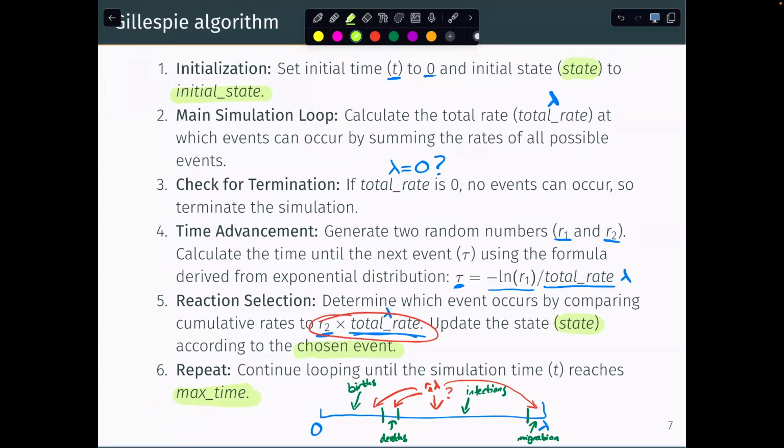There is actually a way that you can rescale and reuse R1 if you want to, but you have to rescale it in a special way, which I'm not going to go into. It is slightly more efficient, which matters in really big simulations. But basically, these two things need to be independent so that the time to the event you're choosing doesn't correlate at all with which event it actually is. Okay.